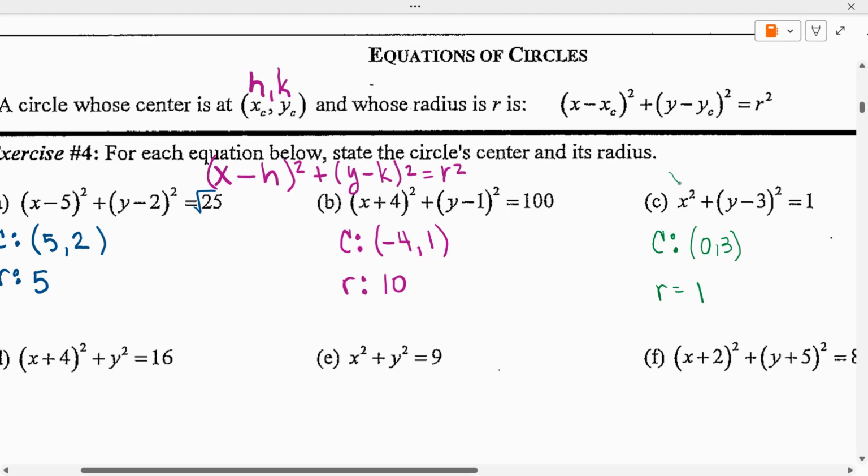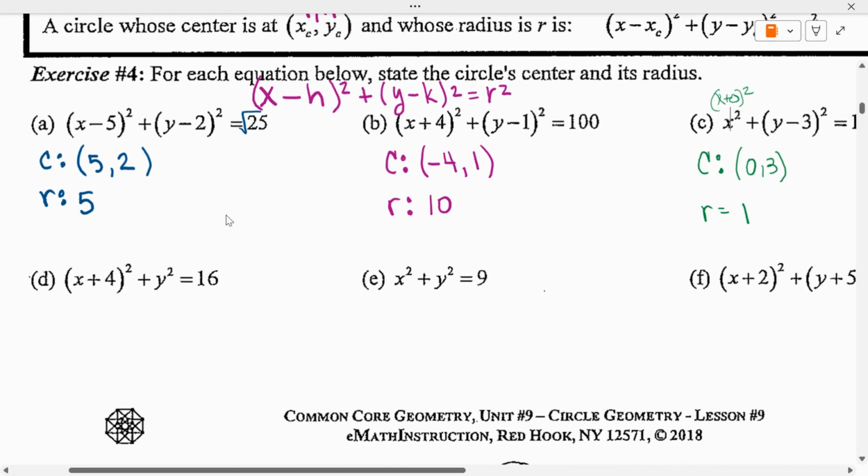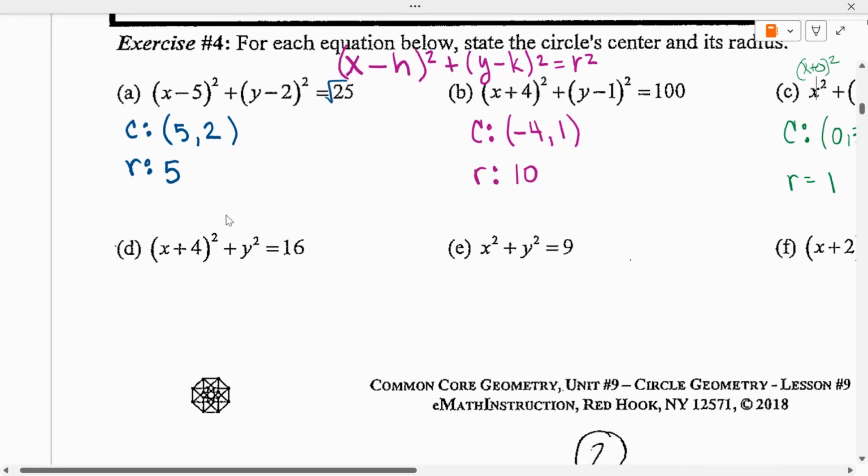Because remember, this came from x minus 0, right? 0 is 0. What about this one, example D? 4 would be x, and 0 would be y. (4, 0). Is it positive 4 or negative 4? Negative 4, 0. Good job. And what is my radius? 4. You guys are doing great.